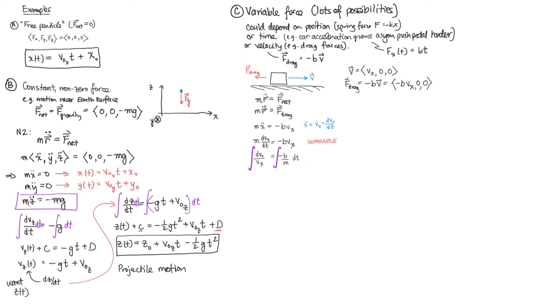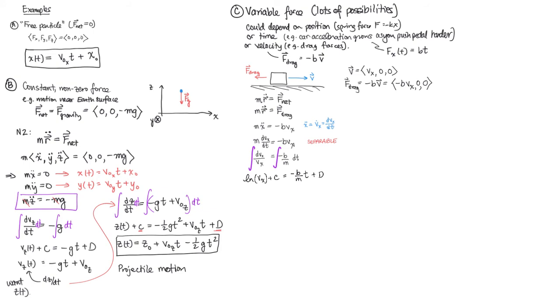On the left we have the integral of 1 over v dv, and we know that that is a natural log function. So we'll have on the left the natural log of v_x plus a constant of integration, and on the right, the integral of this constant b over m dt is just going to give us minus b over m times t plus a constant. And again, those two constants are going to be merged together into a single value.